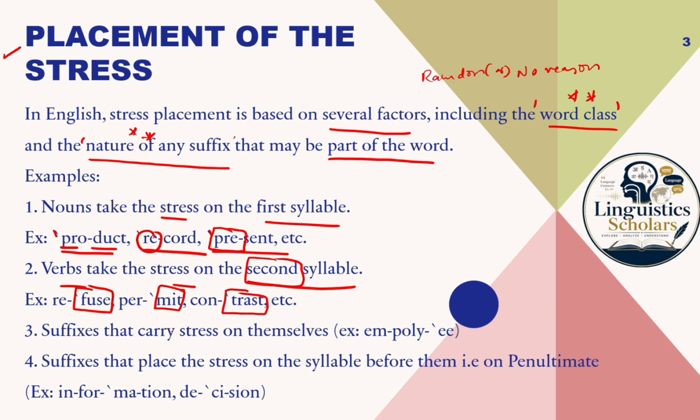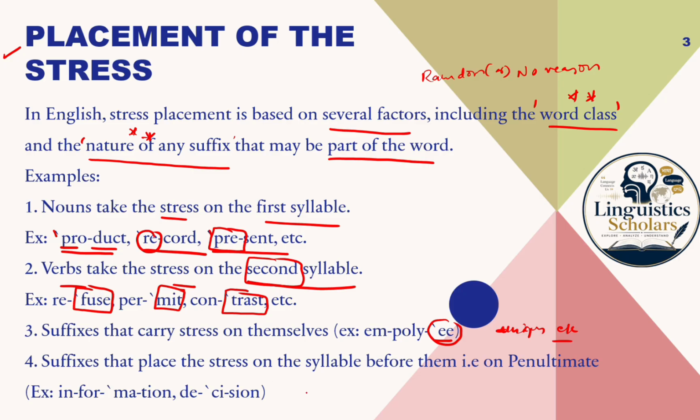Okay. When it comes to the suffix, some suffixes carry stress on themselves, whereas some place the stress on the syllable before them and the next to the before syllable. Okay, we will look at the examples. The suffixes such as ee, ique, etc., take the stress by themselves. As you can see in the word employee, the primary stress falls on the ee, which is a suffix by itself.